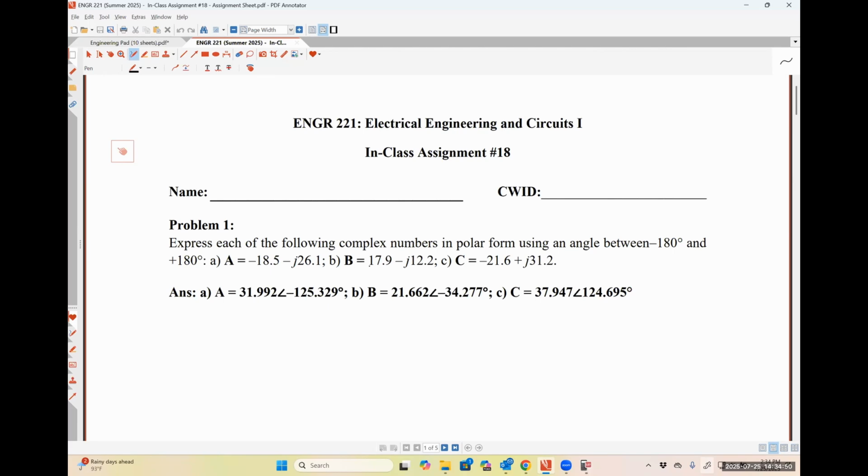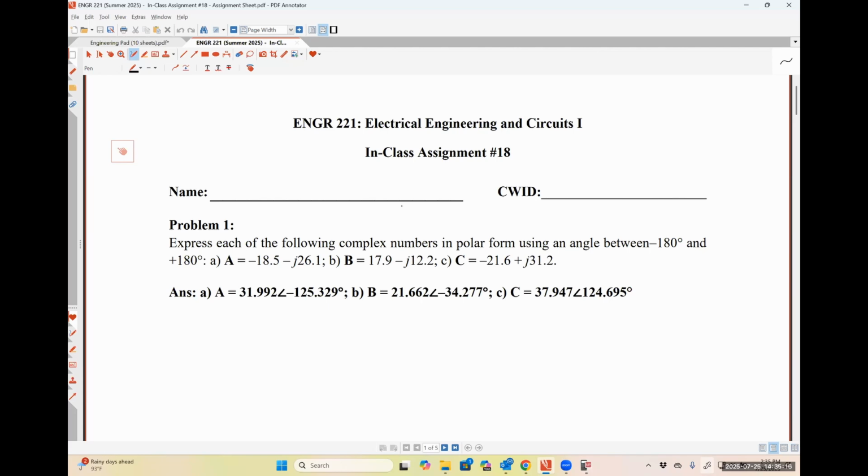So what I'm expecting of you when you turn in at least the work for this part of the in-class assignment is pretty much just giving me exactly the answers that I have written down. But I really would prefer if you guys actually learned to use your calculators to handle this complex number stuff, because we're going to be doing a ridiculous amount of it for the remainder of the class.